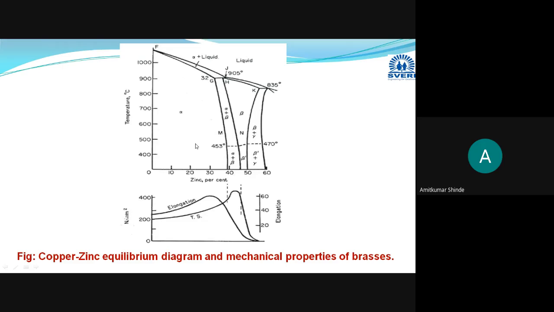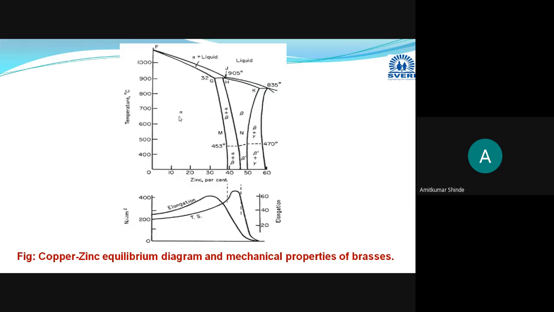Now here is the equilibrium solubility of zinc in copper. Zinc will be added to the copper and they will form a solid solution, meaning zinc will be completely soluble in the copper. That is termed its solubility limit, and it will have a single phase up to that point.